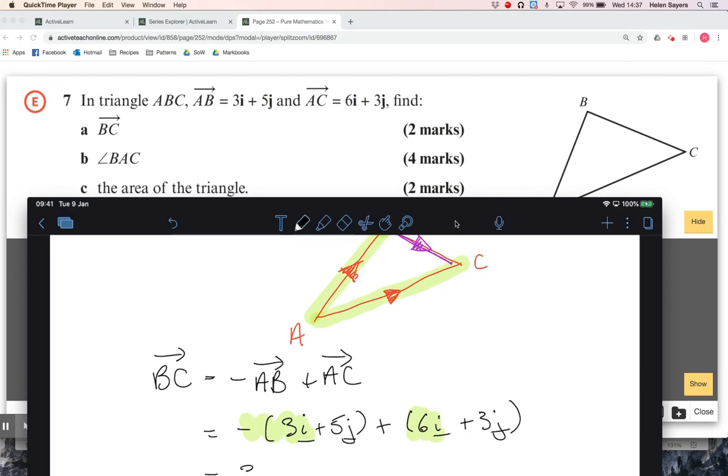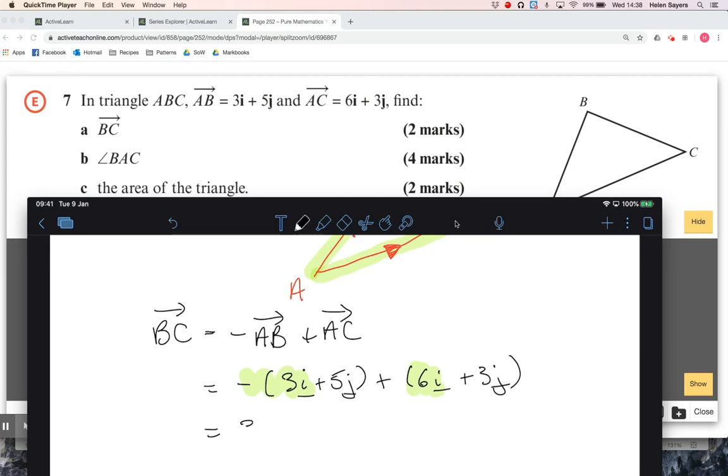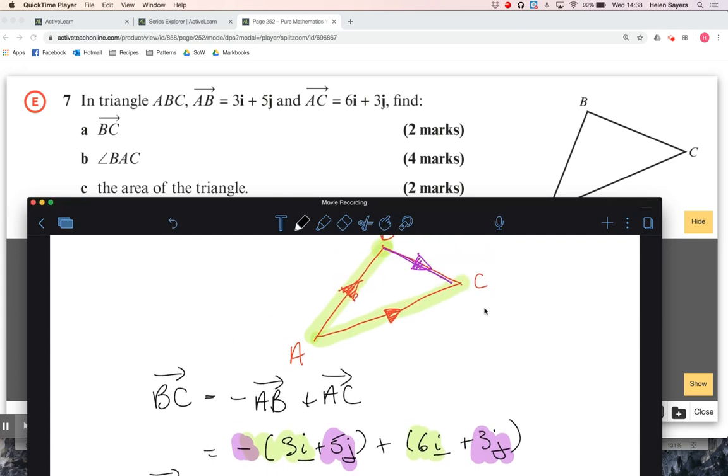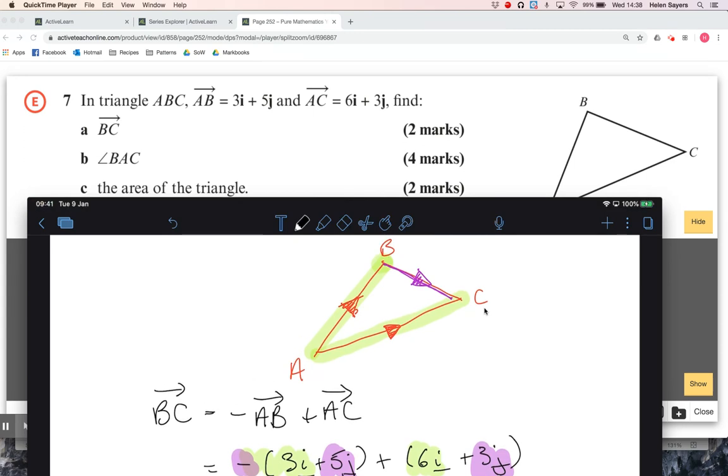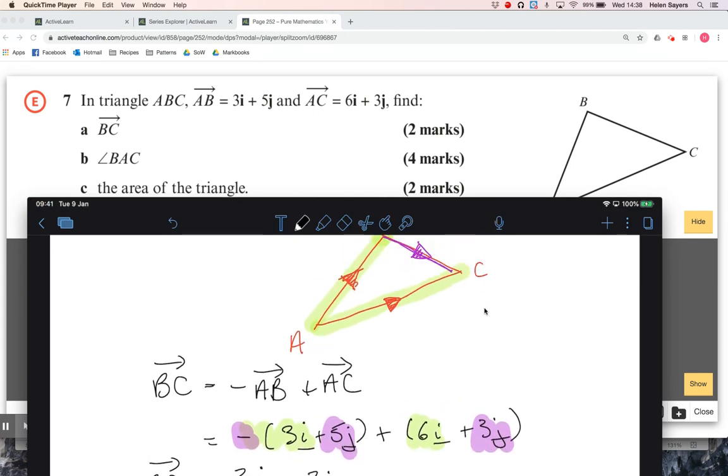Sorry, I said j. So let's try that again. So 3i, and then I just need to be careful about this minus, because that's going to make that minus 5j plus 3j, so minus 2j. There's other ways you could justify it, but as long as you're taking into account that you're going the reverse direction along AB.